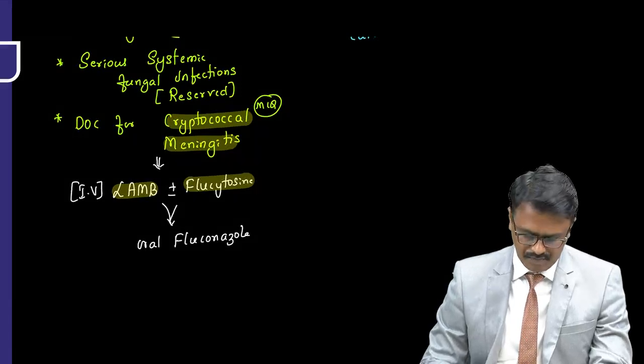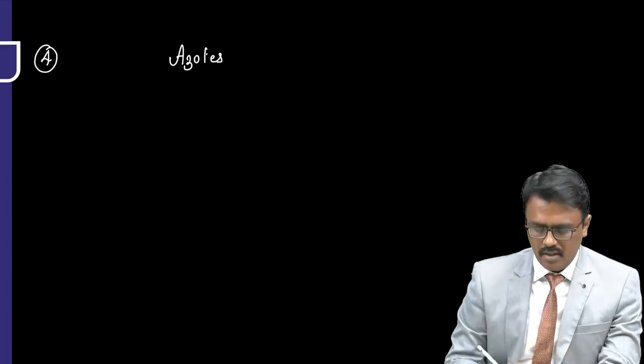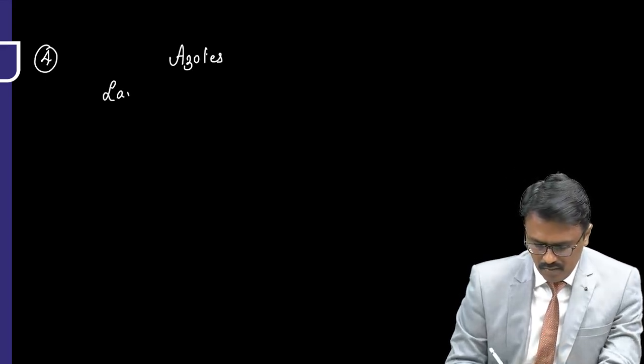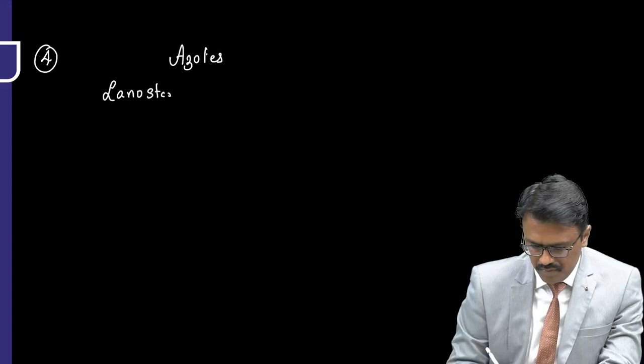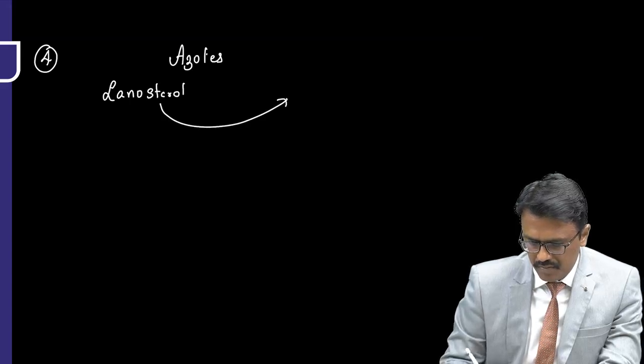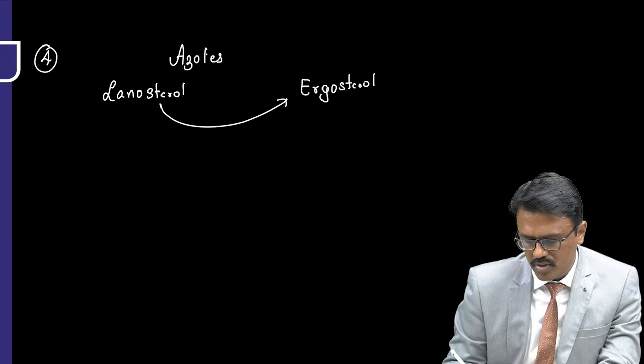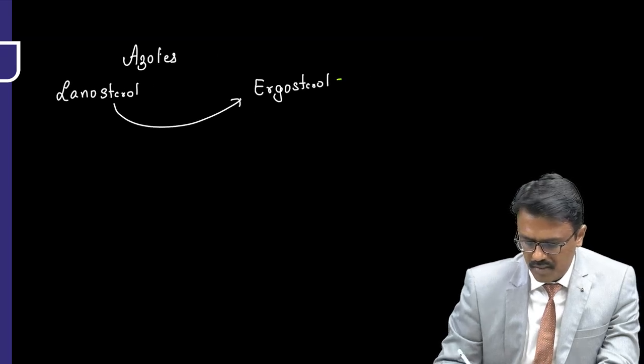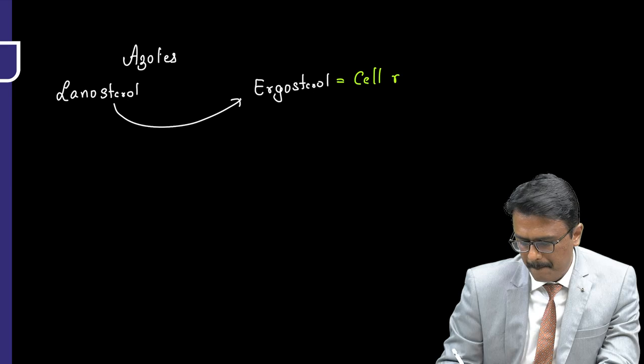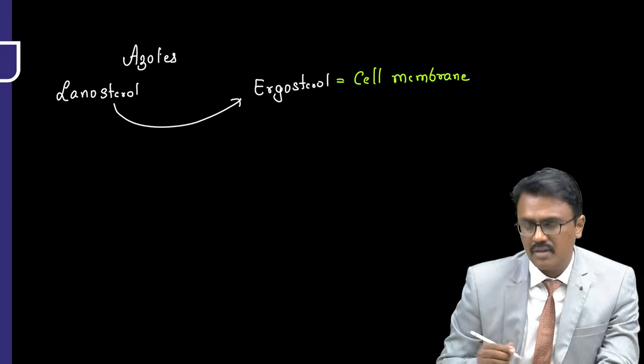Very important. The next group of drugs, the fourth one, are called azoles. Very important drugs. I told you lanosterol is converted into ergosterol, and ergosterol is required for forming the cell membrane. What is the enzyme which does that job?